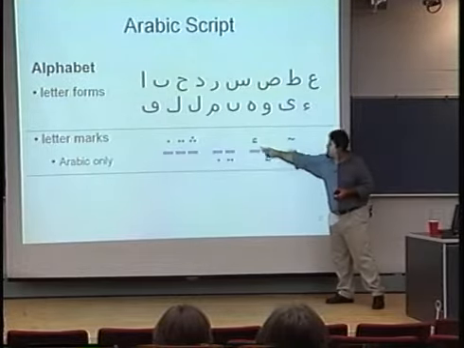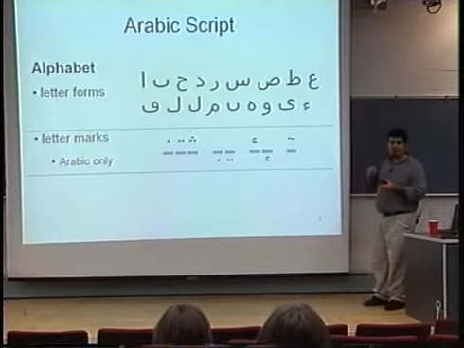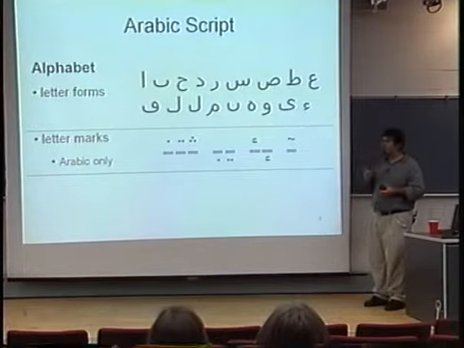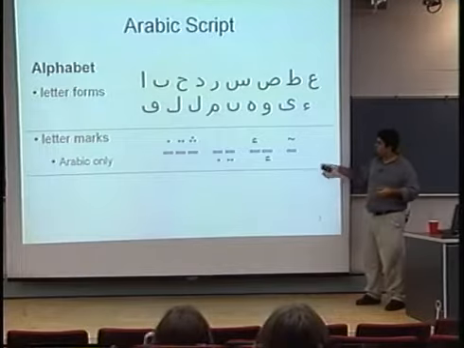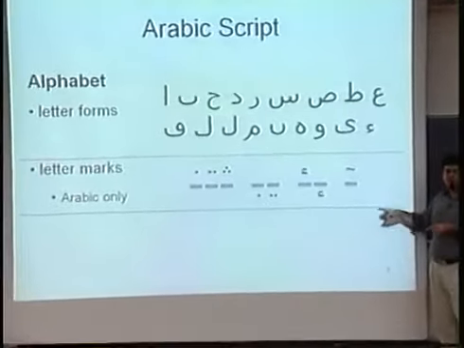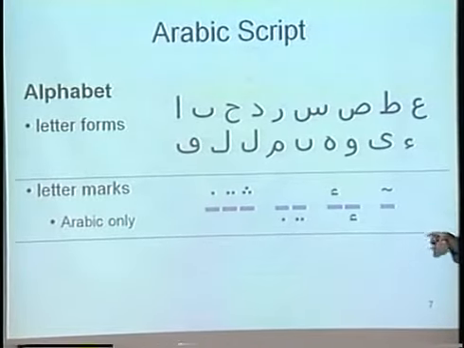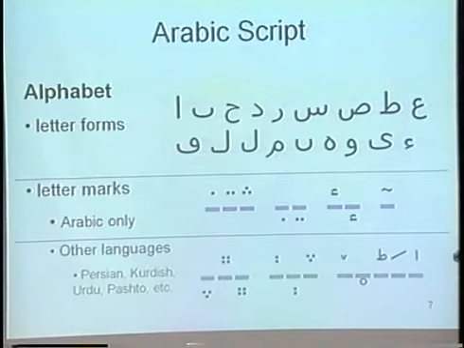So this is a hamza, or this is a madda. It's like a tilde looking thing that could be added over or under the letters. These look like the Hebrew dots, if you're familiar with them, but they're not the Hebrew nikud. These are obligatory, you have to write them, otherwise you don't know what the letter is.